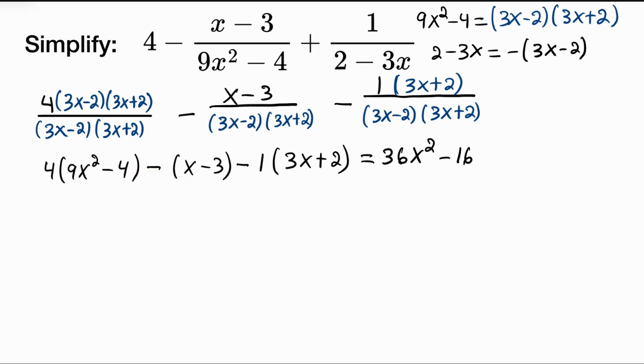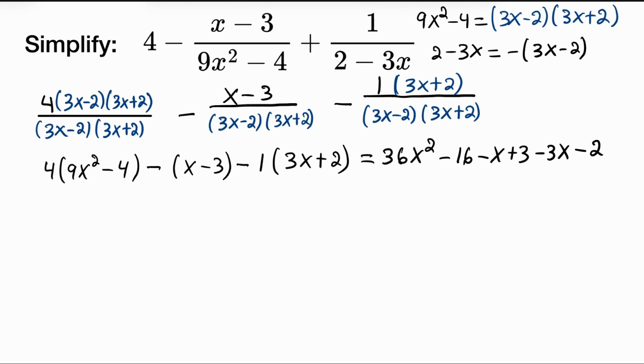So that means the signs that we have now in the parentheses become the opposite signs. So positive x becomes negative x. Negative 3 becomes positive 3. You're going to do the same thing with this negative 1. Distribute it to each term within the parentheses. And again, the signs are going to change to their opposites. So positive 3x becomes negative 3x, and positive 2 becomes negative 2.